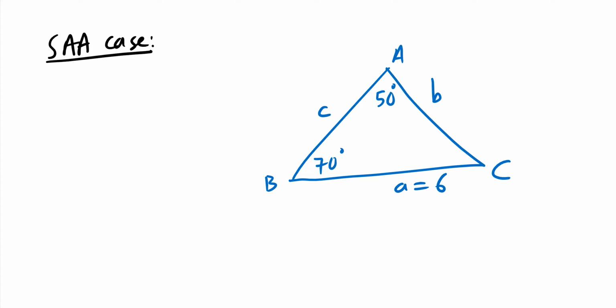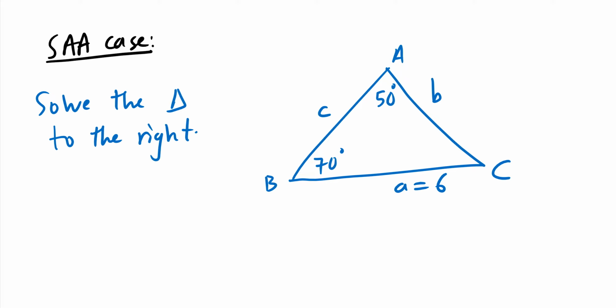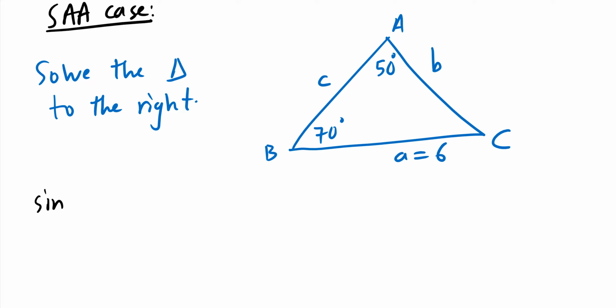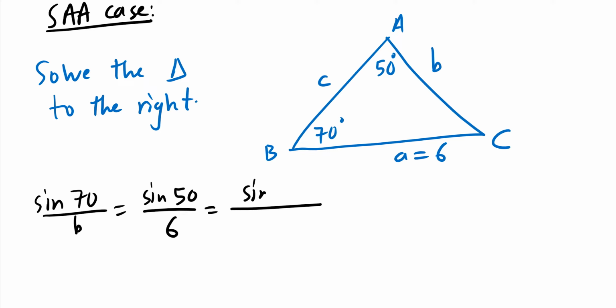The question would ask us to solve the triangle to the right. So how do I solve such a triangle? Let me write down the law of sines: sine 70 over b equals sine 50 over 6 equals sine C over c. But you can't have two variables in one ratio.